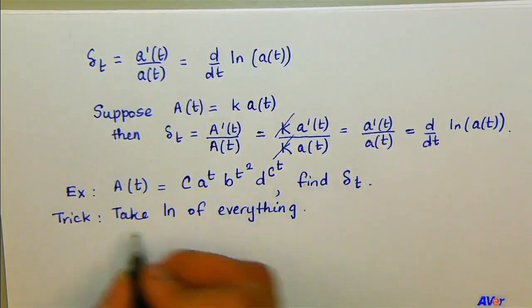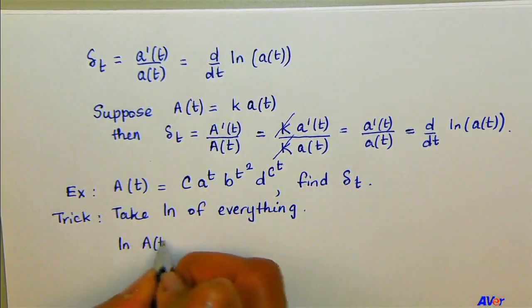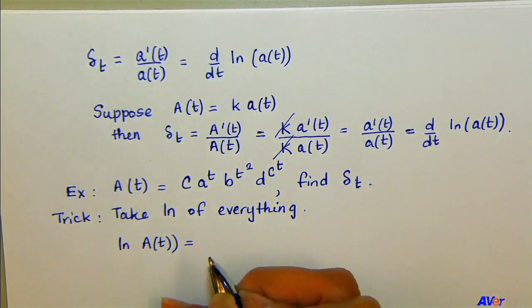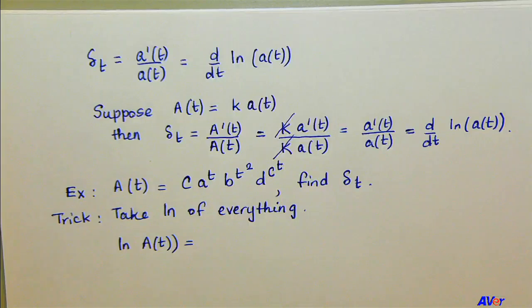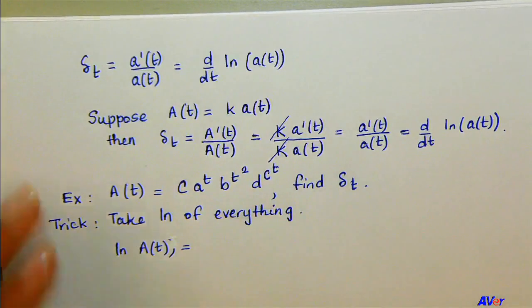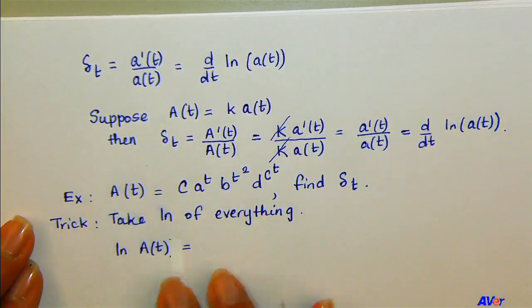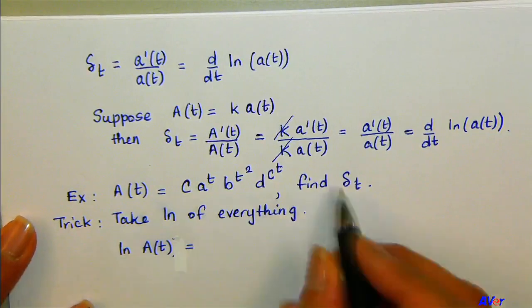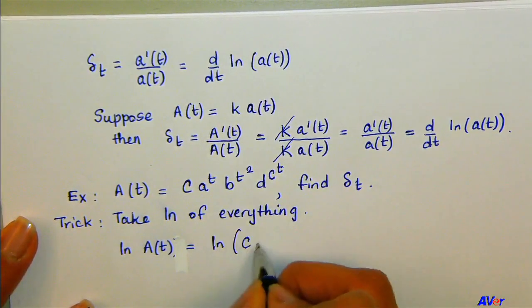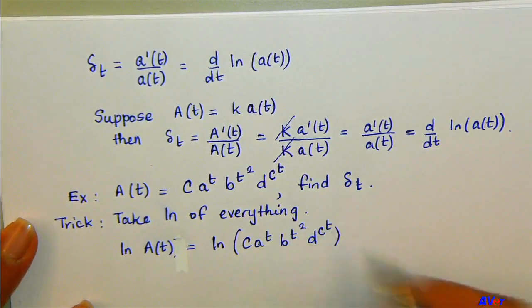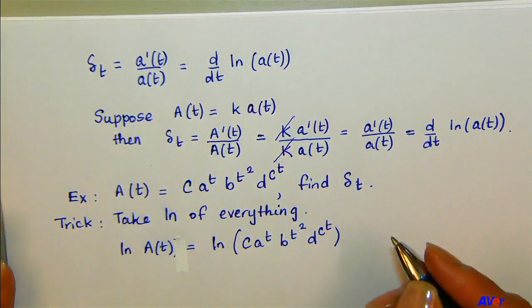So you would get ln of A of t equals, how do we take ln? So it would be ln of this whole mess: ln of c a to the t, b to the t squared, d to the c to the t. And now you separate it using the log rules.